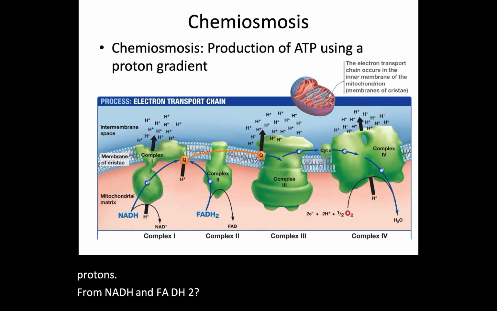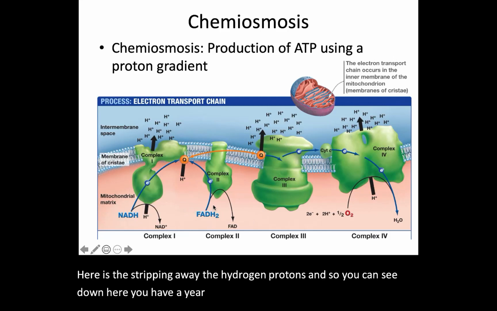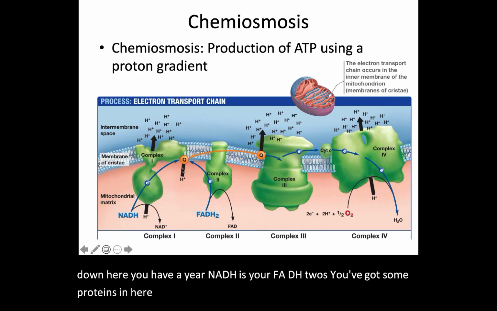Here is the stripping away of the hydrogen protons. And so you can see down here you have your NADHs, your FADH2s. You've got some proteins in here that are directing the oxidation, the stripping away of that hydrogen proton.